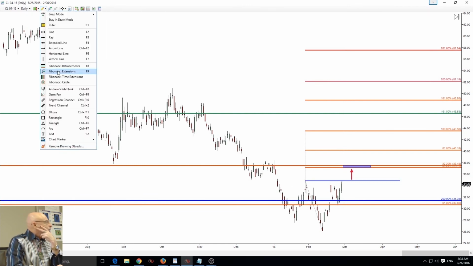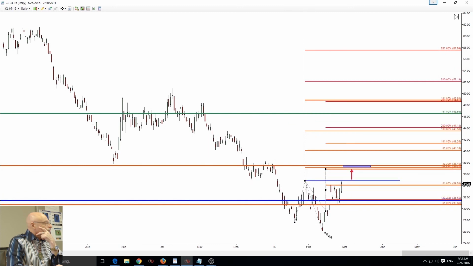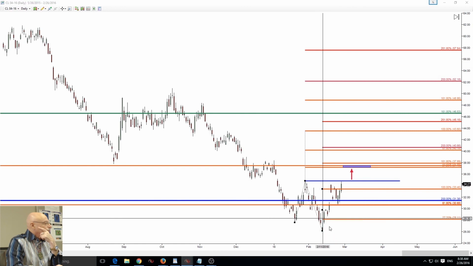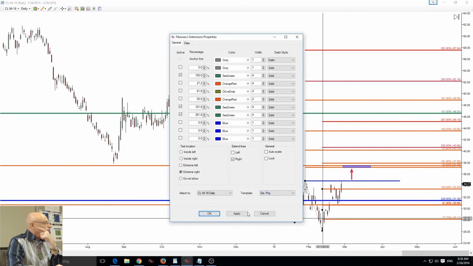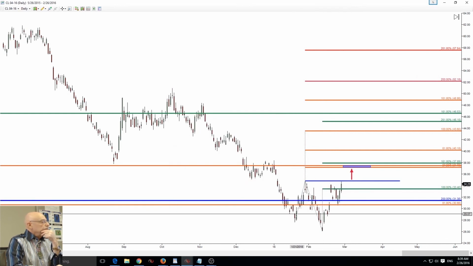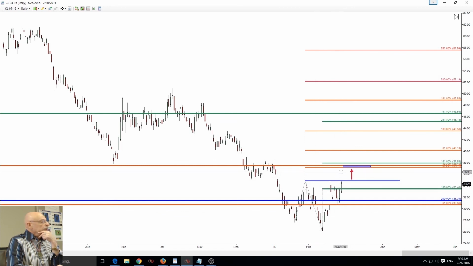And let's make projection. Okay, 100% from that advance had been broken, and we're going higher, so we may extend our area, resistance area, up to that line 1618. So that's where we are.